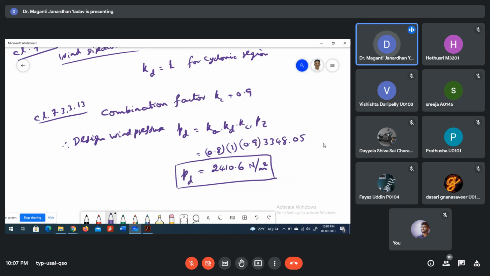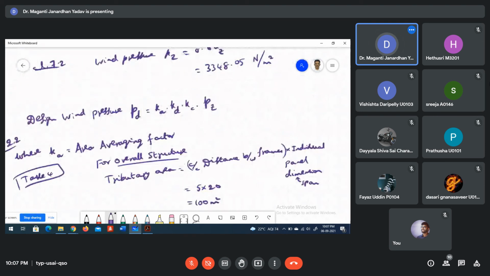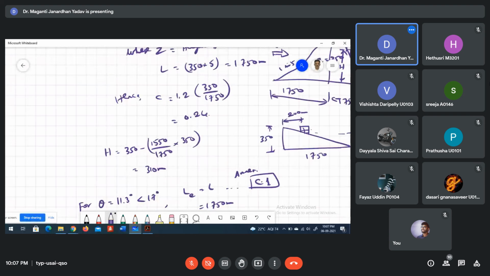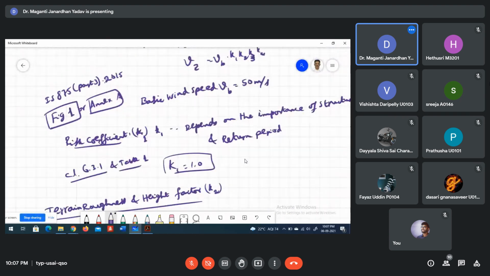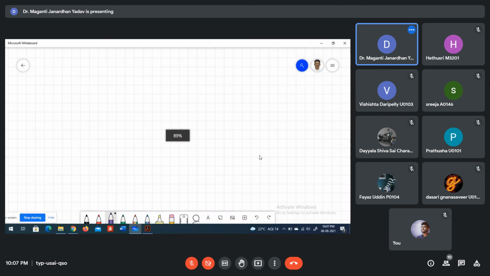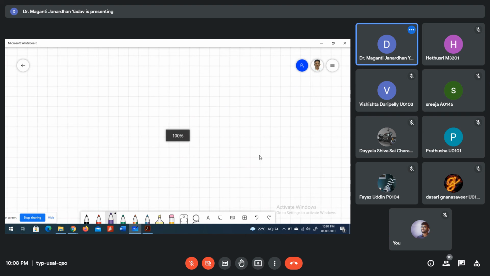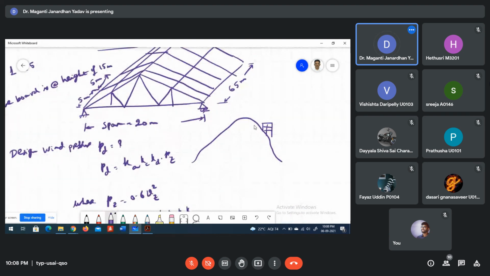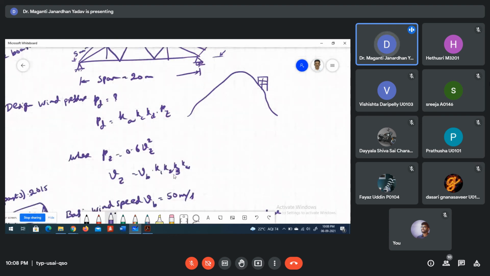We have to find out PZ, Baba. In a nutshell, I showed you what is to be done first. This is the roof truss on the hillock. Then we have to find out this design pressure. That formula is given in the code book. This is also given in the code book.